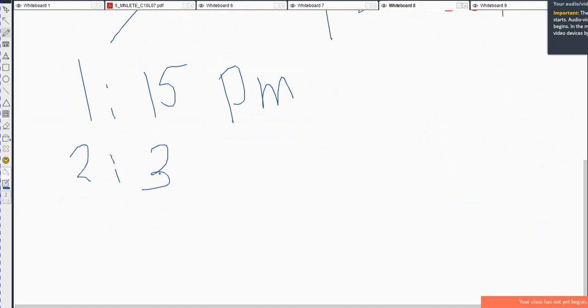Now, if we want to subtract it, you have to take 1 from this to add to this, because 15 can't be subtracted from 37. So let's take 1.